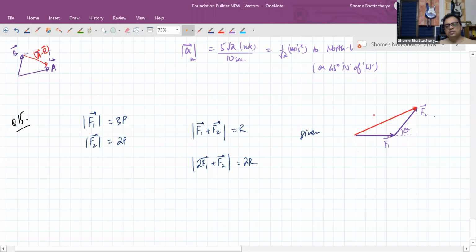So this is R. This is the sum of F1 plus F2, and it is given to us that these are of magnitude 3p and 2p.